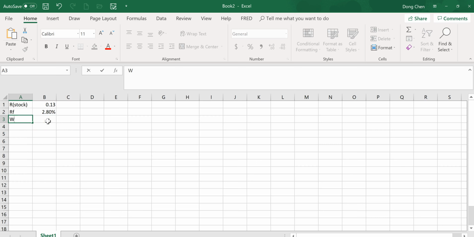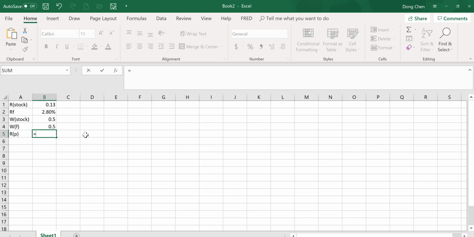So W stock is 50%, because they are equally invested. And WF, the risk-free asset, is 1 minus that. So it's also 50%.